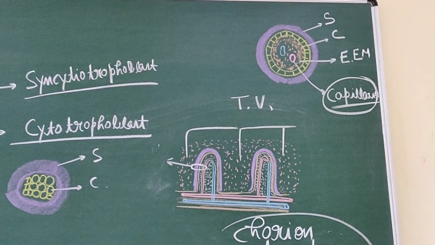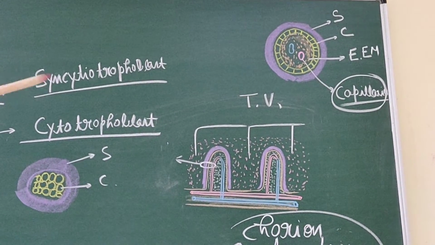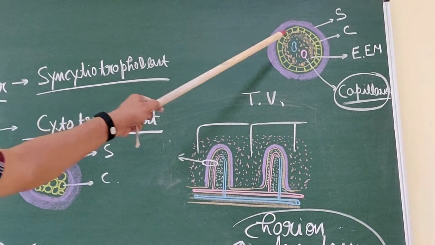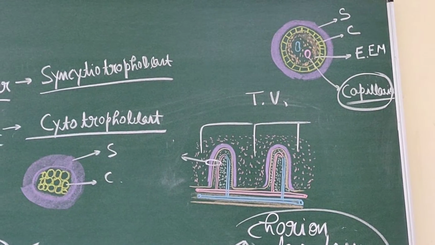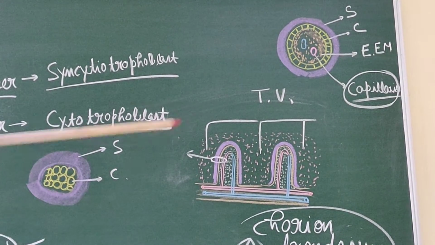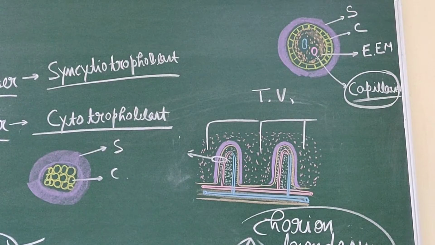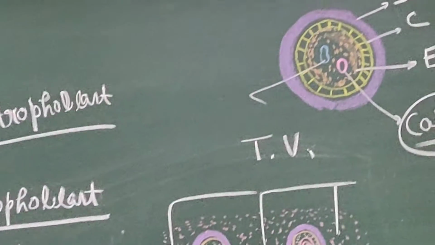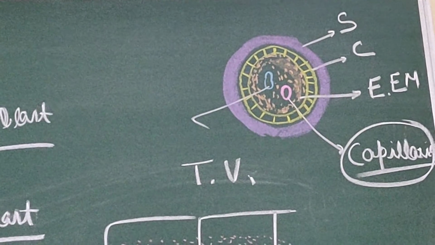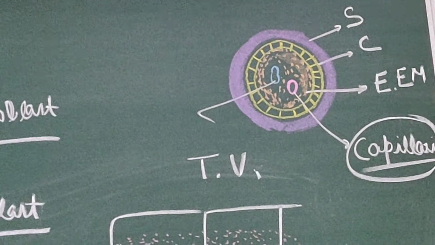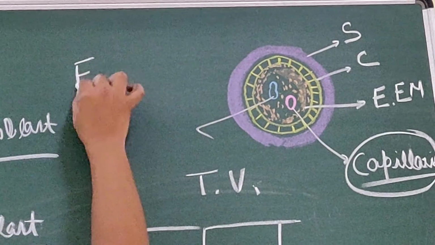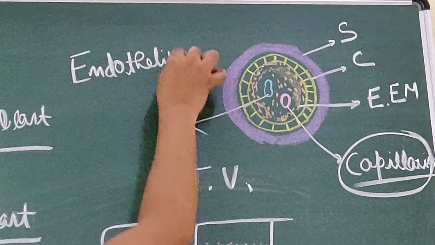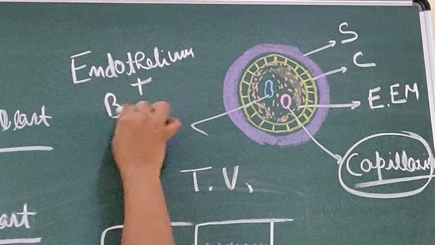So the mature villi is the tertiary villi, and it is the vascular villi. The vessels are present. Now it has four layers. The innermost layer is the capillary endothelium plus its basement membrane.